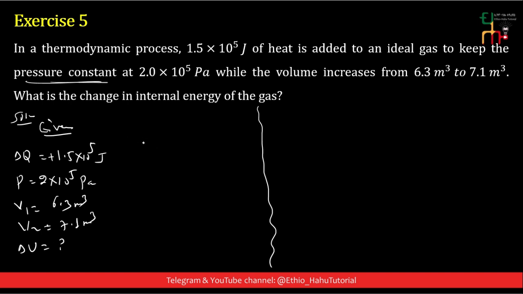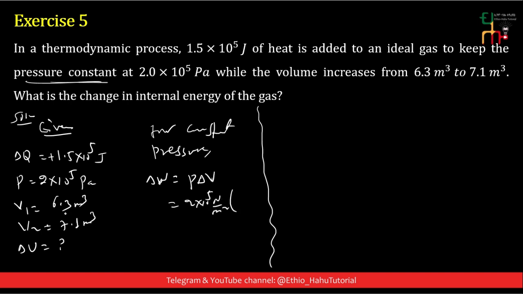But here, the pressure is constant, so for constant pressure, work done is equal to P times change in V. This is equal to pressure, 2 times 10 to the power of 5 Pascal, Newton per square meter, into 7.1 minus 6.3 cubic meter.